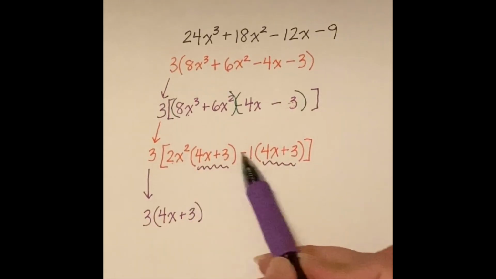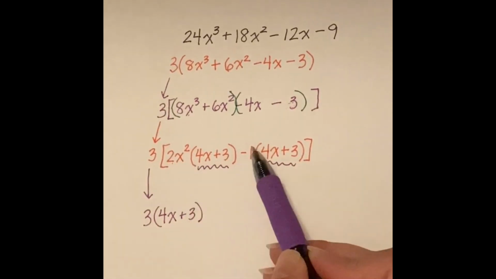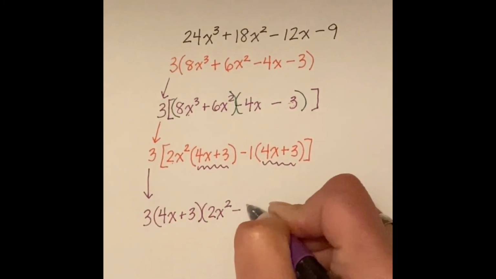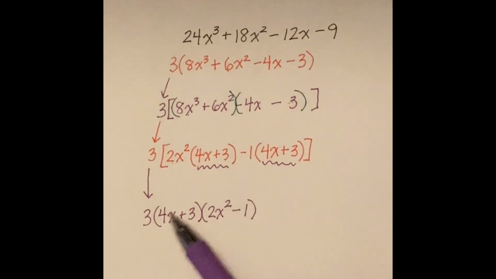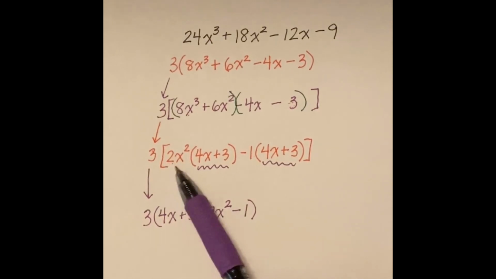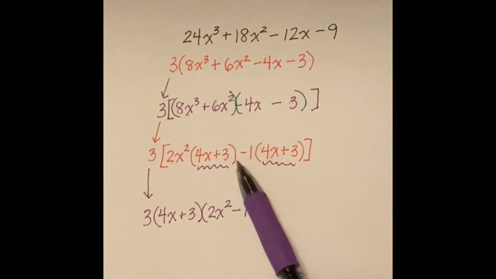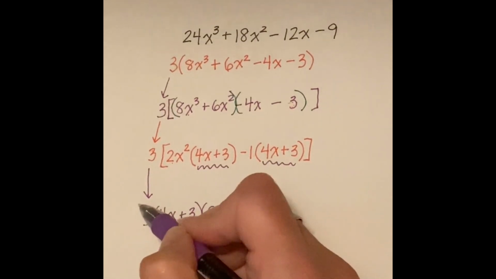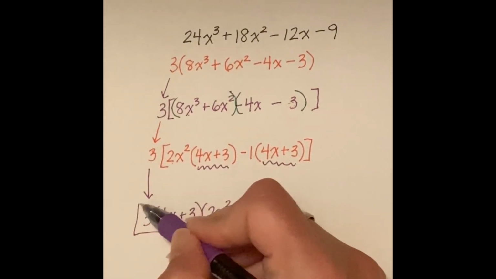And then everything outside of the parentheses is also going to be in our final answer. So we've got the 3 from the GCF, our matching parentheses that we found, and then the 2x squared minus 1 from outside, those mini GCFs, for our final answer.